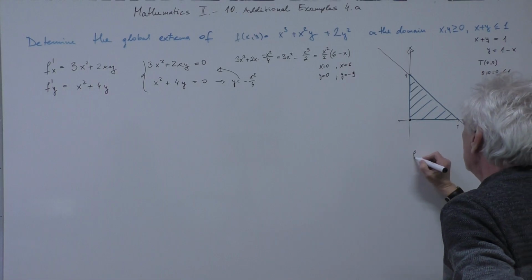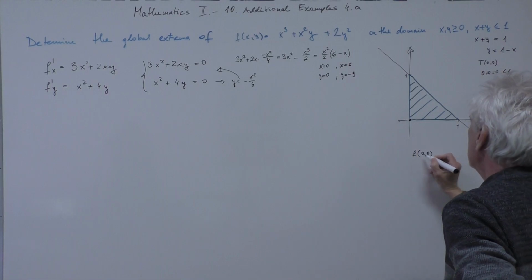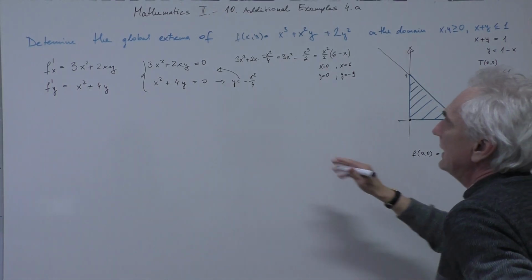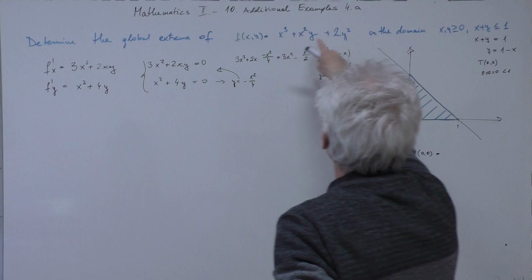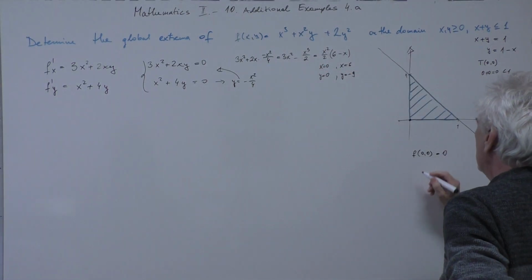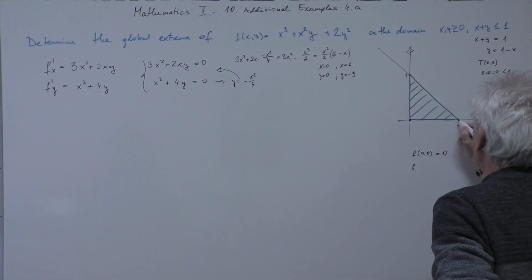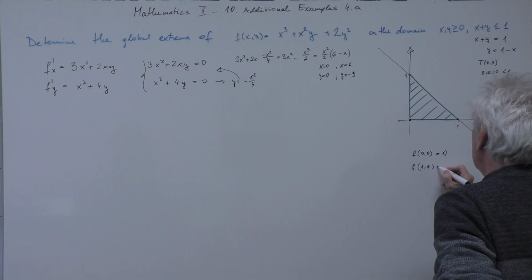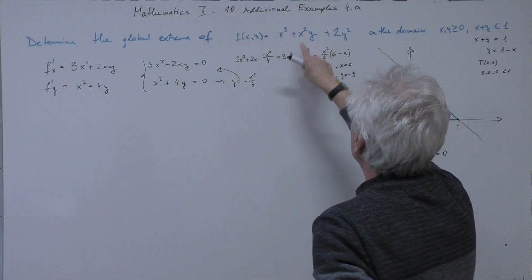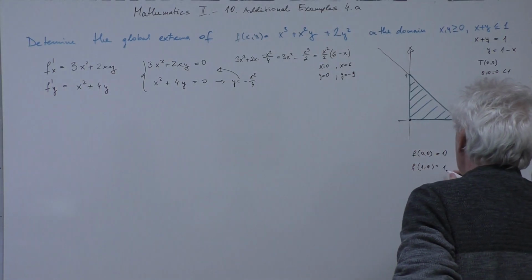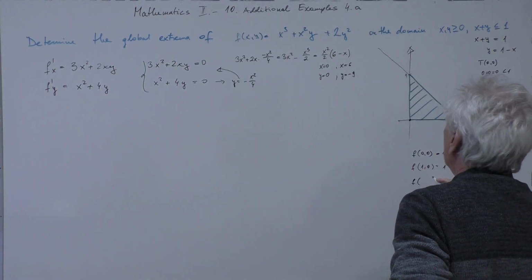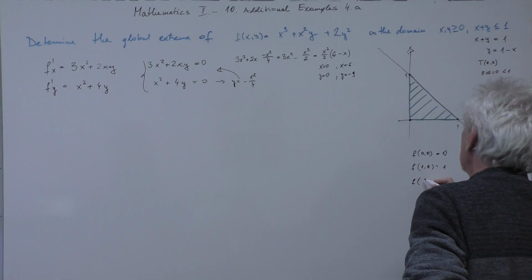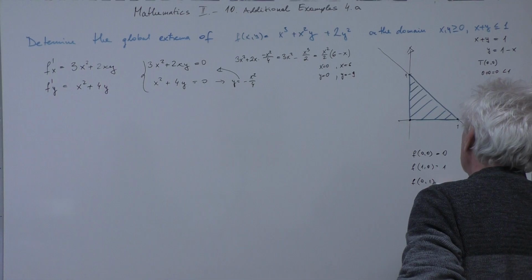At the vertex 0, 0, the function takes the value clearly 0. At the point 1, 0, the function value is 1. The last vertex is 0, 1, where the function value is 2.